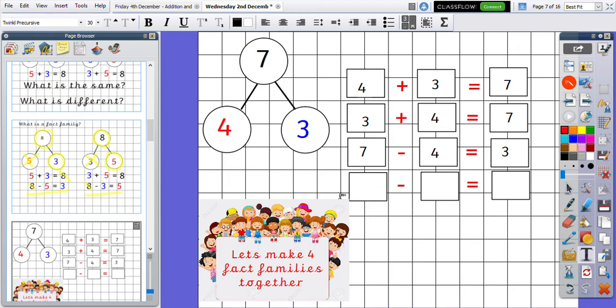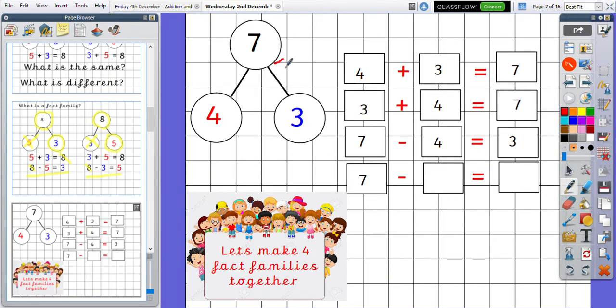So again, I'm going to start with my biggest number, which is my 7. Now, I've already taken away 4 first. So this time, I want to take away a different number first. So, I have started with my 7, and I'm going to take away my 3, because I've already taken away my 4 and my other one.